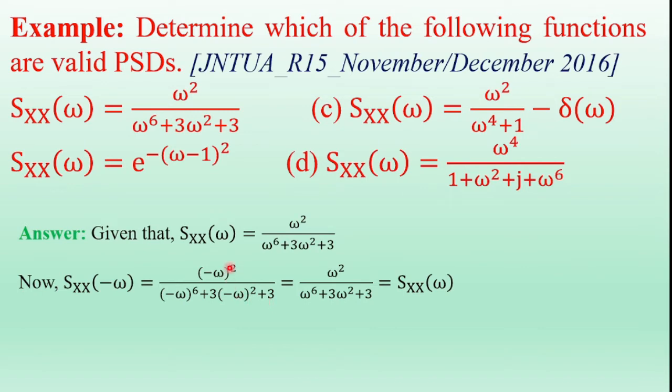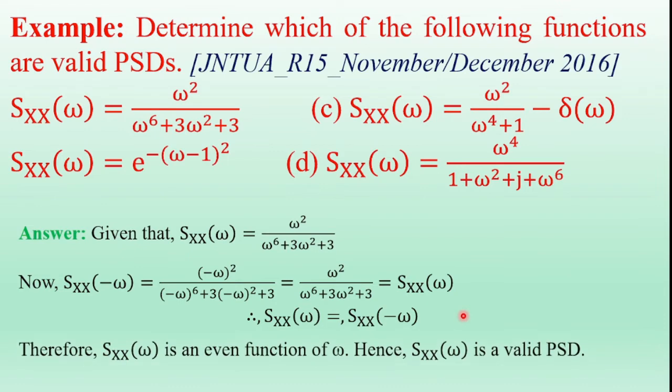So minus omega square is omega square, minus omega power 6 is omega power 6, minus omega square is omega square, plus 3. So this RHS term is the given power spectral density, that is Sxx of omega. So here Sxx of minus omega is equal to Sxx of omega. The condition is satisfied, so the power spectral density is an even function of omega. Therefore, the given power spectral density is a valid power spectral density.